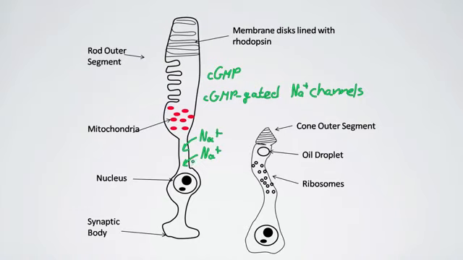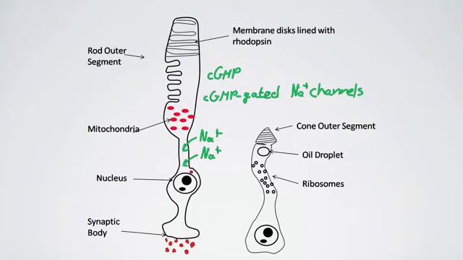So this is the exact opposite of what we've been looking at, because when there's no stimulation, when there's no light, cyclic GMP gated sodium channels are open, sodium is rushing in, and as a result of that, the membrane is depolarized and neurotransmitters are being released. I know what you're thinking. Why are neurotransmitters being released when there's no stimulation? And it is true. This is exactly opposite to what we've looked at. But this is the process, and this is how it works in the rods.